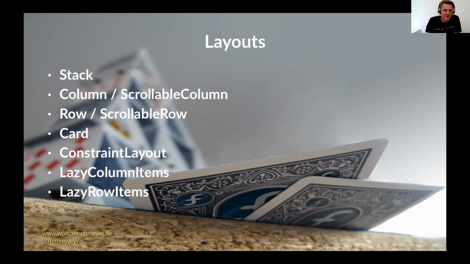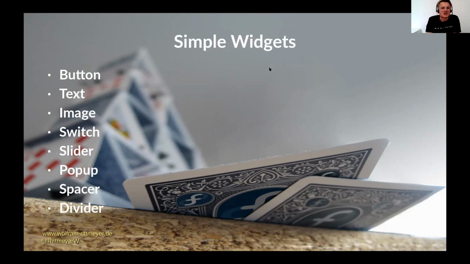And then we have those two weirdly named layouts, lazy column items and lazy row items, which are basically vertical and horizontal lists. So I'm not sure about the name. I really don't like this name. I can understand putting column and row in this, but this lazy part is, in my opinion, totally superfluous, but well, it's not my decision.